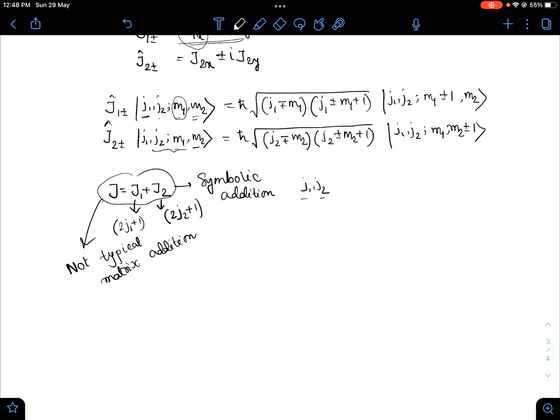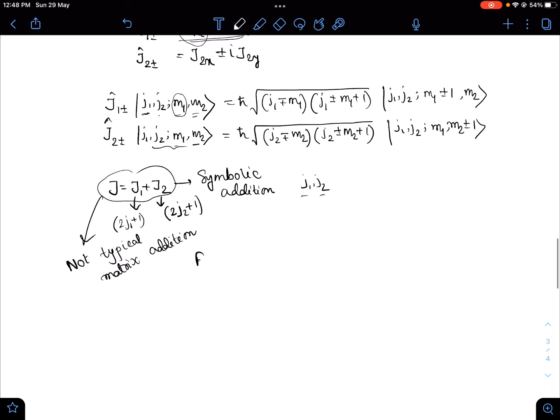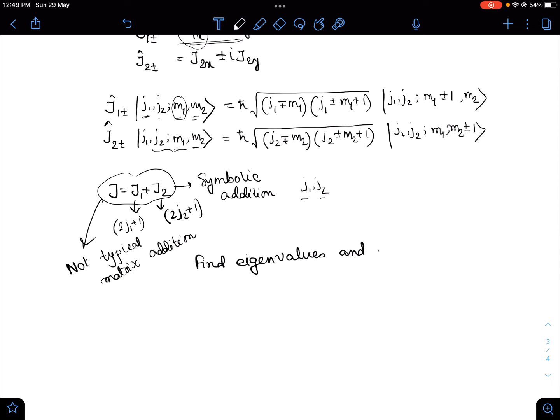Now our main target is to add these two angular momenta, and we have to find the eigenvalues and eigenvectors of J square and Jz. These belong to the total space. So we have to find them in terms of what?